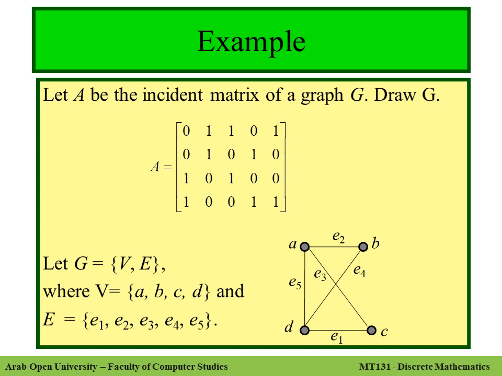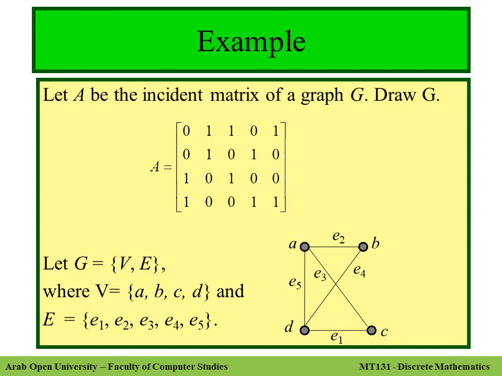For example, after you label the vertices, if you look at the first column, it represents E1. E1 connects the third vertex, which is C, with the 4th vertex, which is D. So you draw an edge between C and D. For example, E2, the second column, seems to connect A and B. You can connect A with B and label the edge as E2.